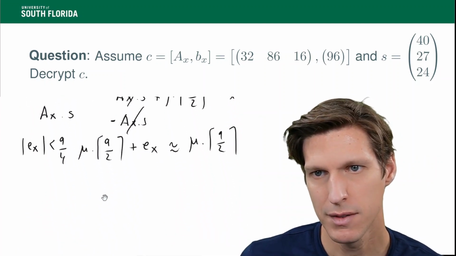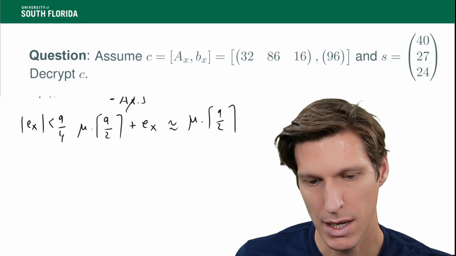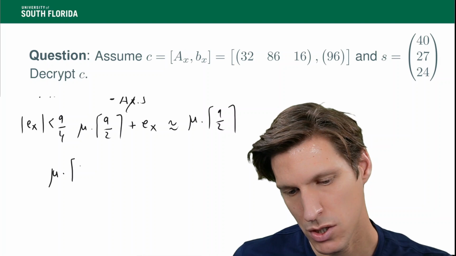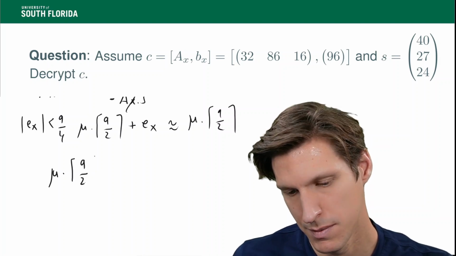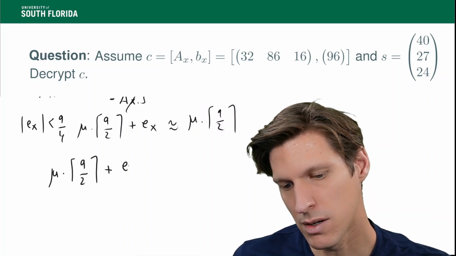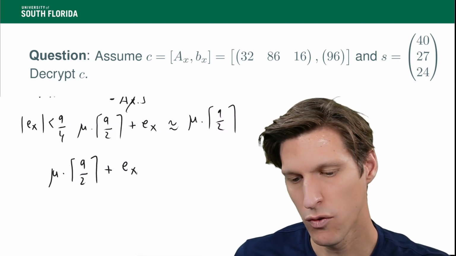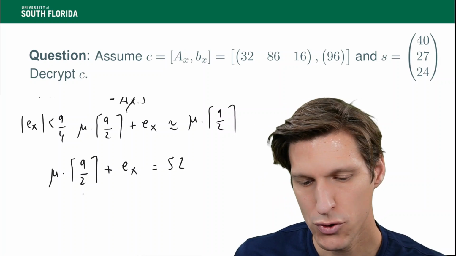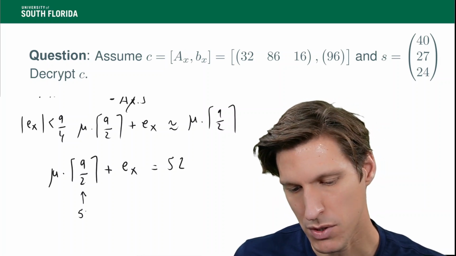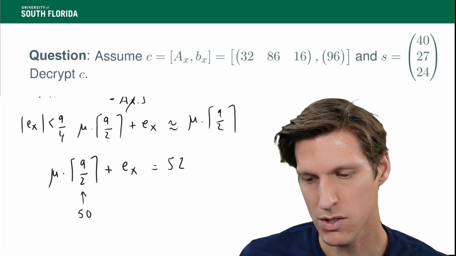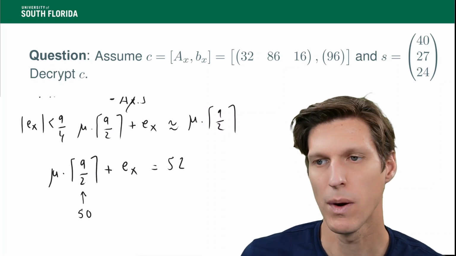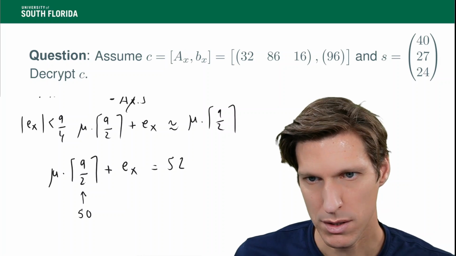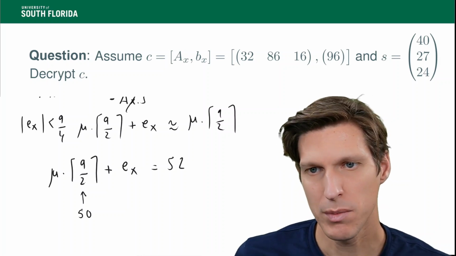Here I have that mu times Q over 2 plus some error bounded by Q over 4. This is 52. Now Q over 2 is 50, because Q is 101, so 50 or 51, depending on how you round. Let's say it's 50 because who cares? And then Q over 4 is about 25.